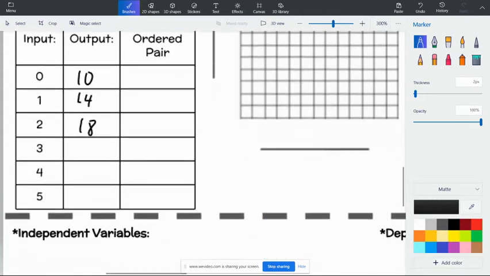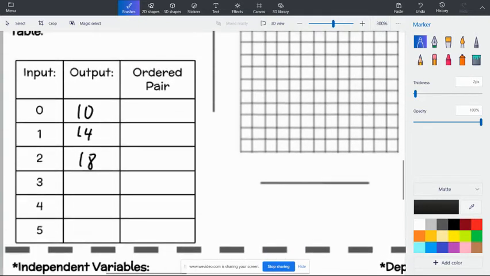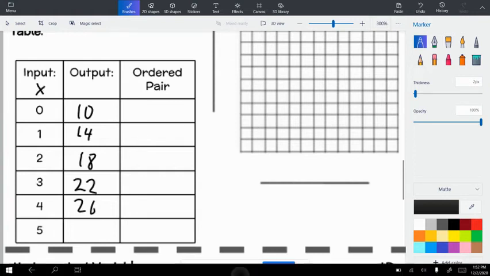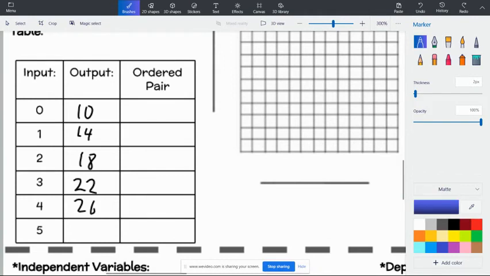Go ahead and fill this table out as I'm going through. All you're doing is plugging in your input, x, which is the amount of games, and you're getting the output, which is the amount of points. Last one, 30.